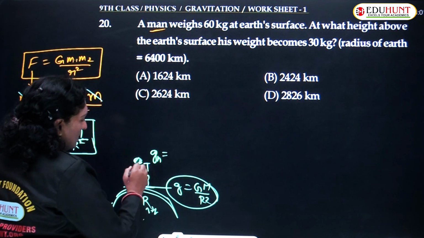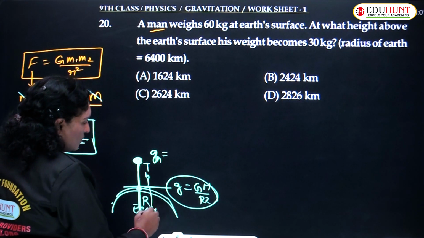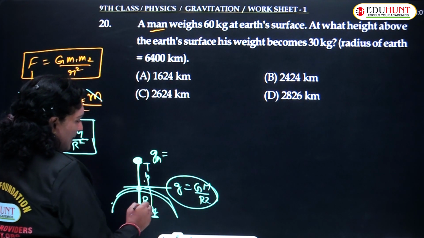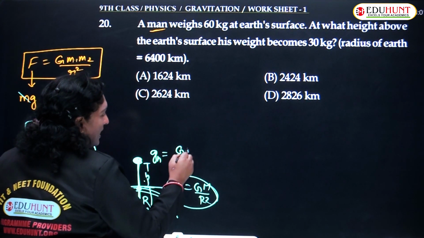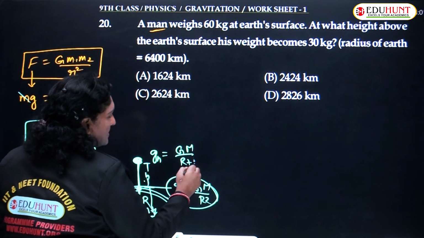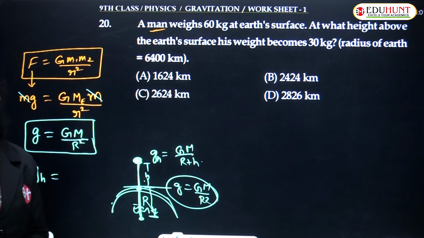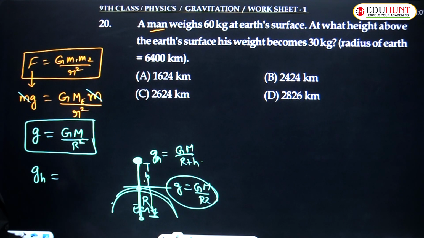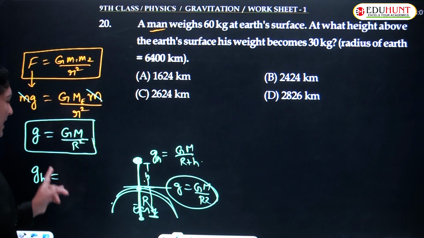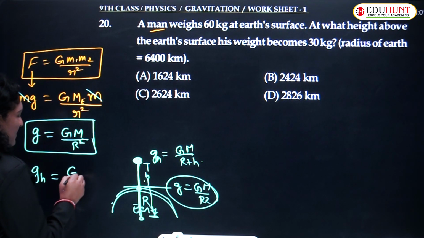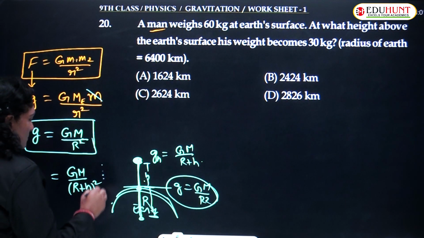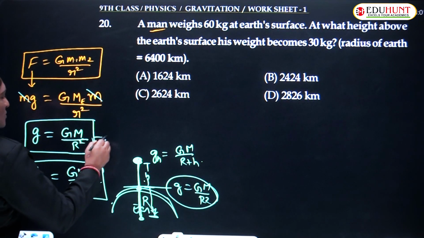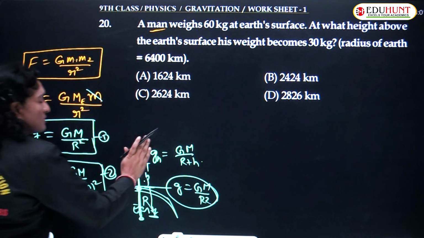From the center of the earth to the location of the body, the total distance is h plus R. That is, gh is given as GM by (R plus h) whole square. So these two formulas you need to remember, children.